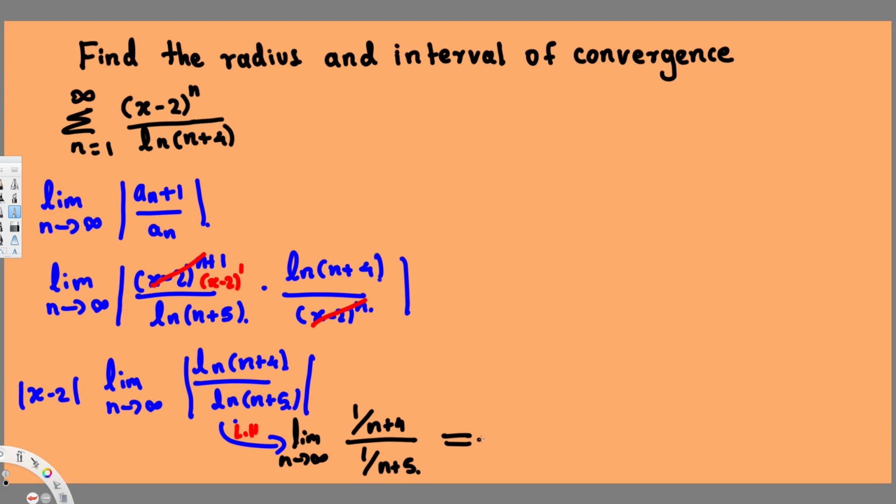So we can continue this one. This is going to be limit n approaches infinity, n plus 5 over n plus 4.